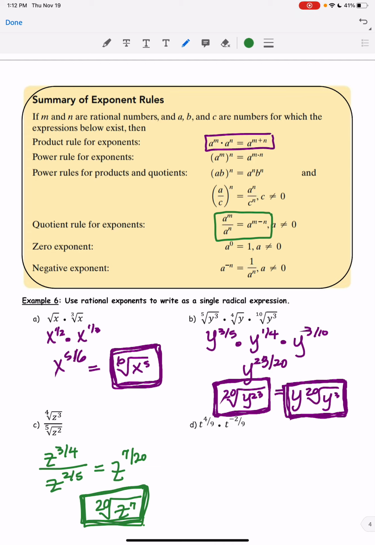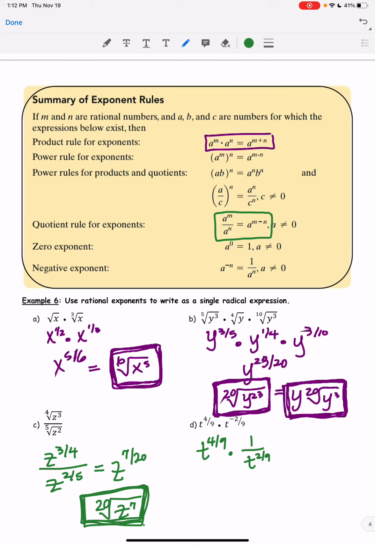Okay, and then lastly, on D, it's already in radical exponents, but I do need to get this one positive here. So this becomes t to the 4/9 times 1/t to the positive 2/9.